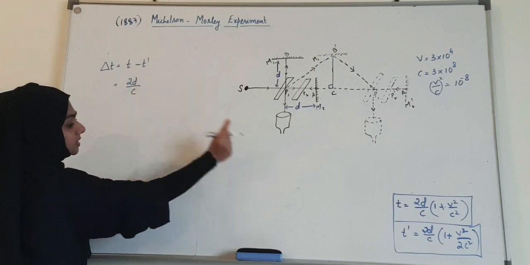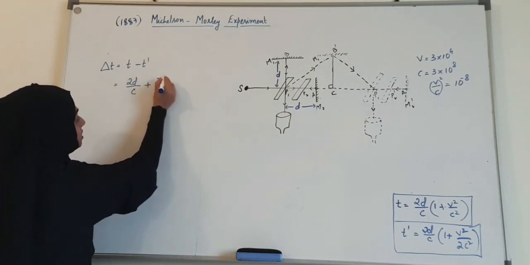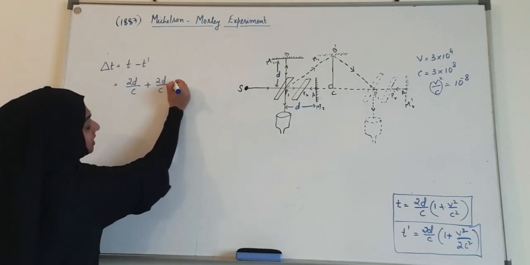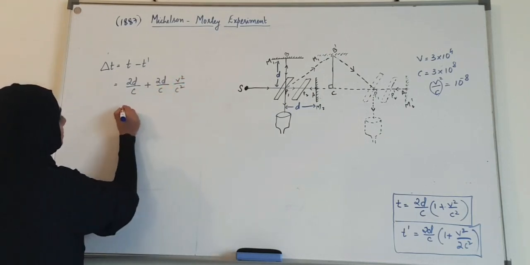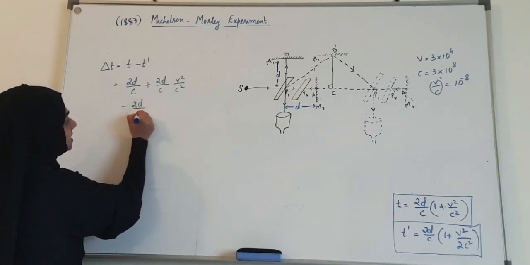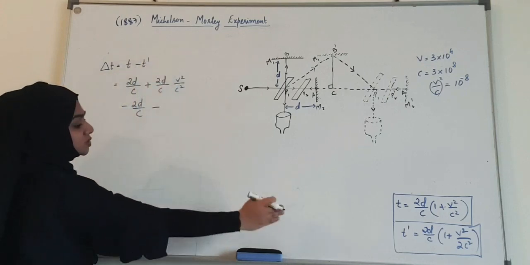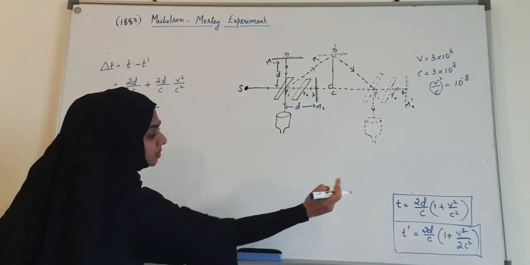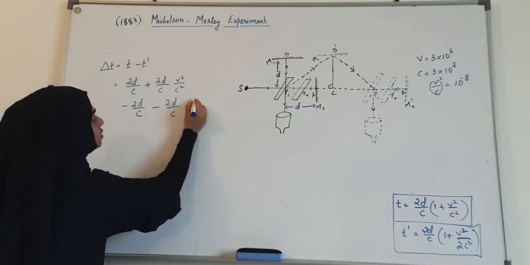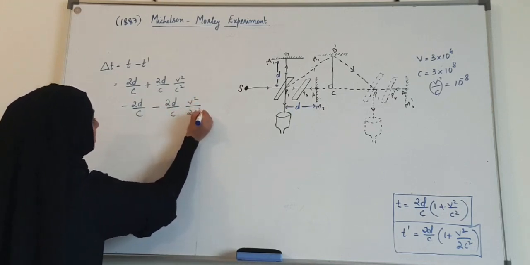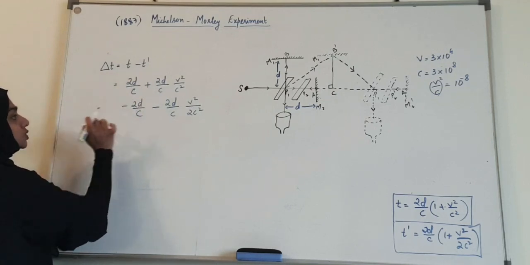So multiplied by 1, it will be 2d by c plus 2d by c times v square by c square, minus 2d by c, and minus, because it is minus p square, so minus is applicable for both terms, 2d by c times v square by 2c square. So this gets cancelled, 2d by c minus 2d by c.